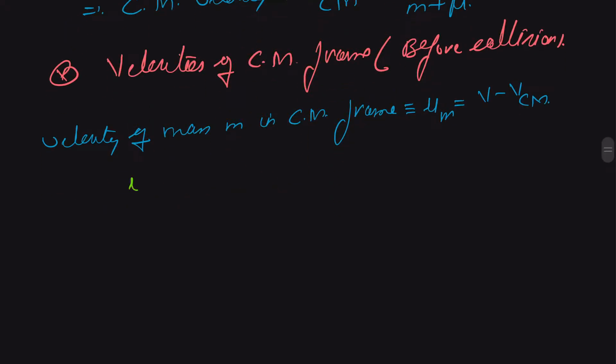So we can say that our um will be equal to v minus mv divided by m plus mu. And if we take a LCM, we can really see that this m, v is going to cancel out. So we are going to get this as mu times v divided by m plus mu.